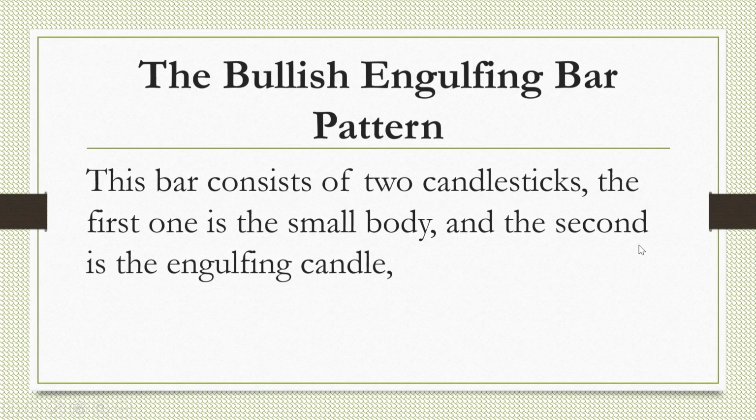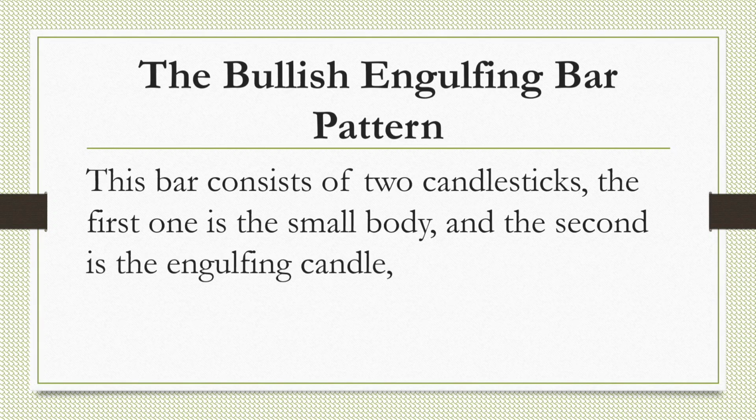The next on our list is the bullish engulfing bar pattern. This bar pattern consists of two candlesticks. The first one is the small body, and the second one is the engulfing candle. This is also like the other, but in this pattern, price changes from a downtrend to an uptrend whenever this bar pattern appears on the chart, right?